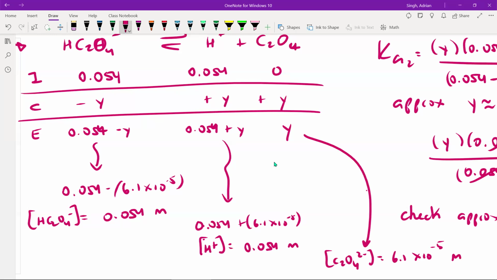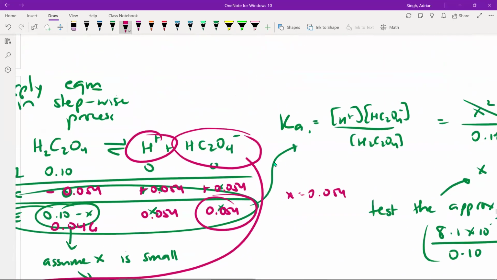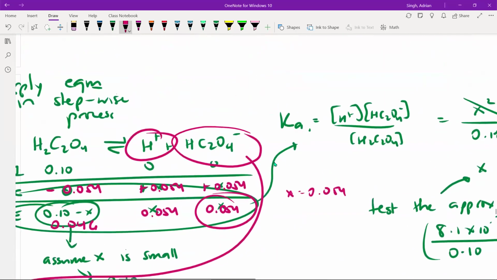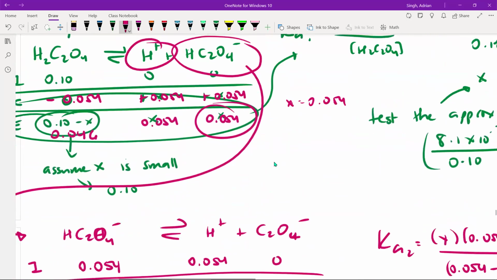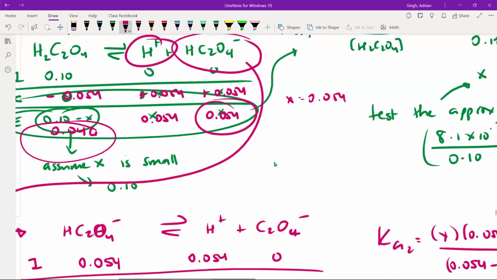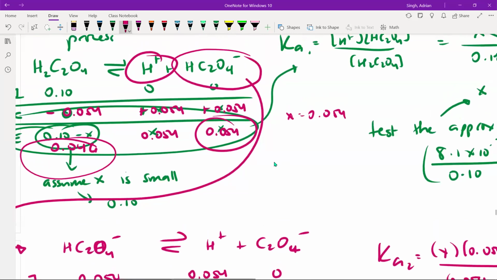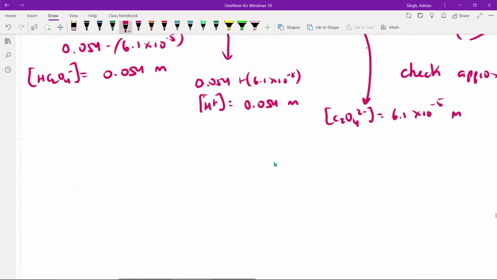So let's see, those are the three species. We forgot one. We need the original oxalic acid, right? And we calculated that up here at the beginning, 0.046 molar. So the H2C2O4 would be 0.046 molar.